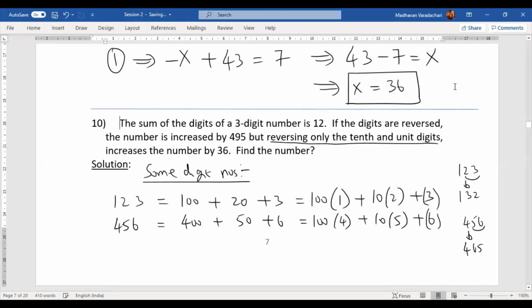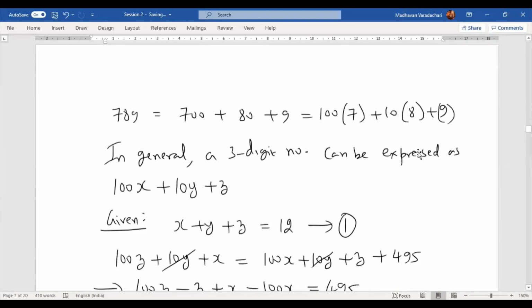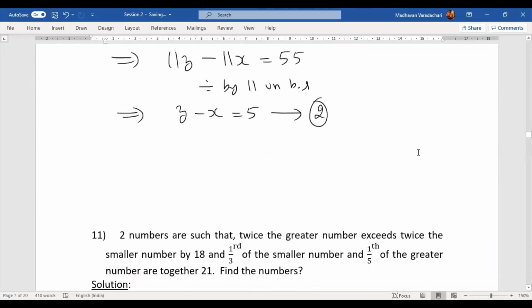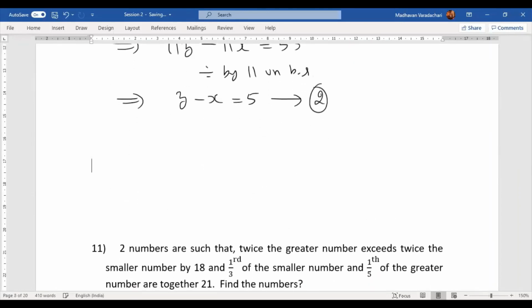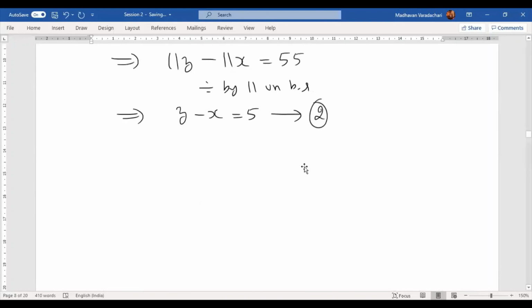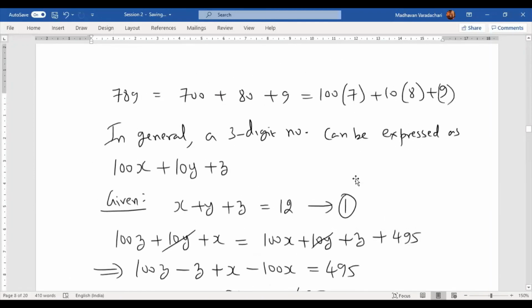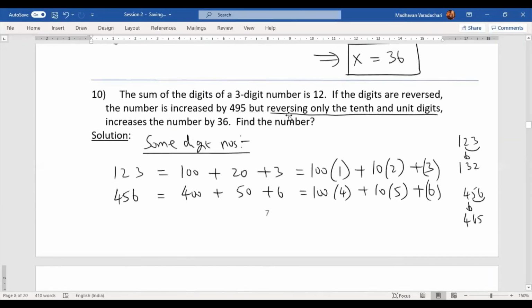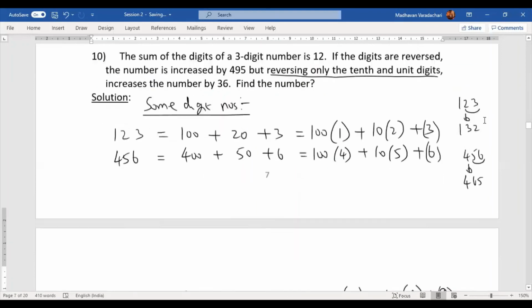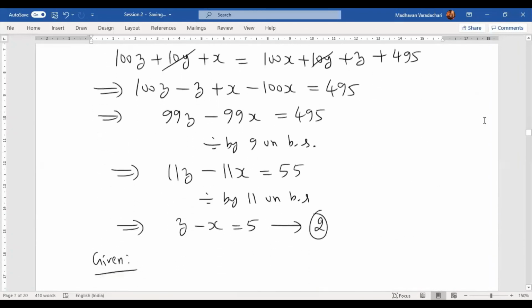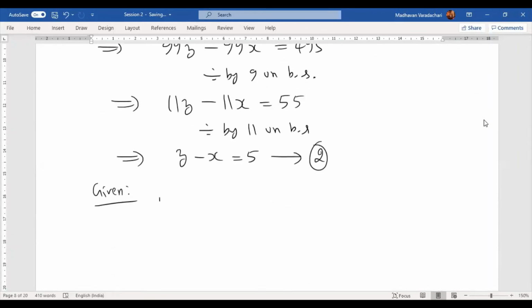How do you write it in general? So I will say again, given: reversing only the 10th and unit digits means the first digit will be 100x only, whereas the unit and 10th digits are getting reversed.